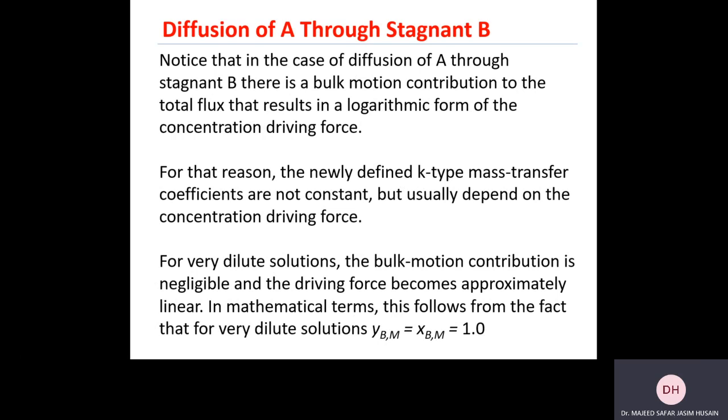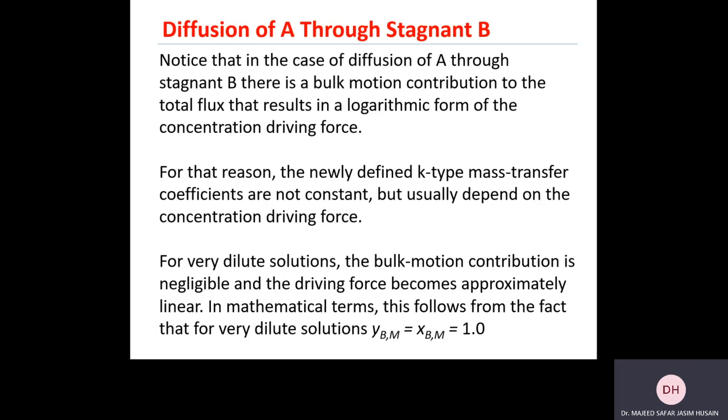Notice that in the case of diffusion of A through stagnant B, there is a bulk motion contribution to the total flux. We showed this bulk motion because it was in log form. So when we had the log, that means that we have the bulk. For that reason, the newly defined k-type mass transfer coefficients are non-constant, but usually depend on the concentration driving forces. So as we just mentioned, different concentration driving forces give different k values, and they are not equal.